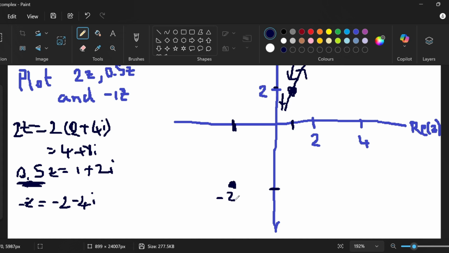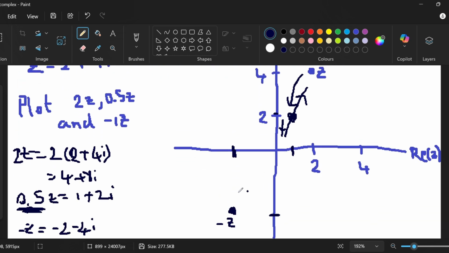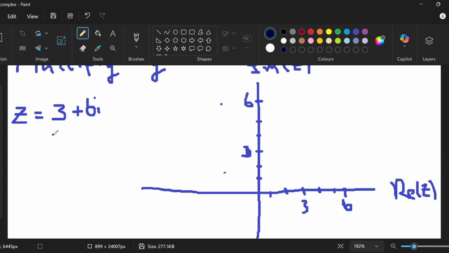This is where I get minus z. And from this I can see that it's the same distance from the origin as z. It's just reflected across the origin like this. If there's a mirror along this dotted line, then these two numbers would be reflections of each other.